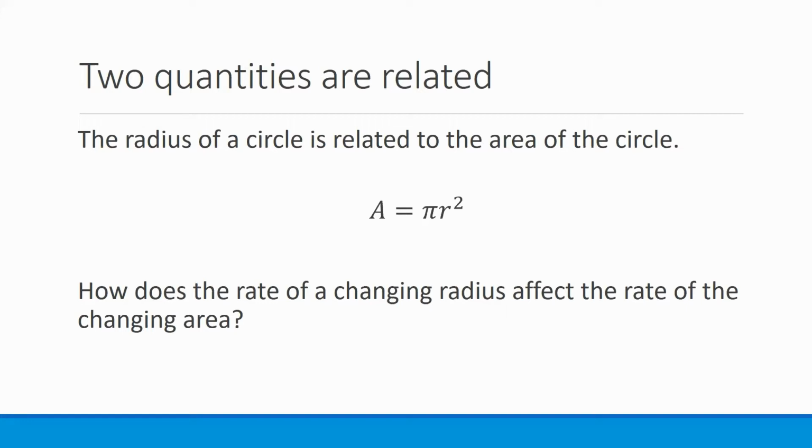So how does changing the radius affect the rate of changing the area? The rate at which the radius changes affects the rate at which the area changes. If the radius is increasing, then the area is increasing by however the radius is changing squared, right?